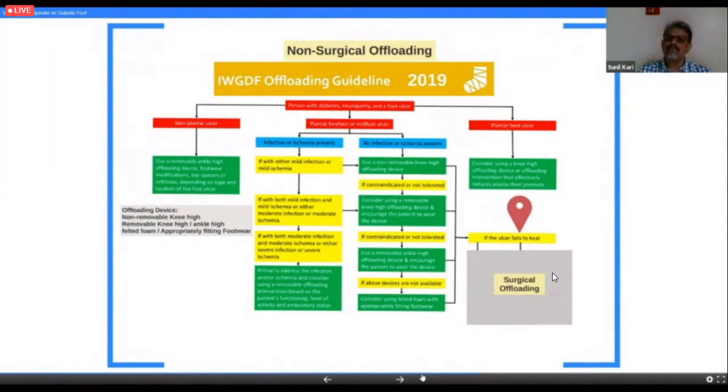And accordingly, with all these modalities of offloading devices like non-removable knee high, removable knee high, ankle high, felted foam, and appropriately fitting footwear, if there is no healing, then only the patient is subjected to surgical offloading.